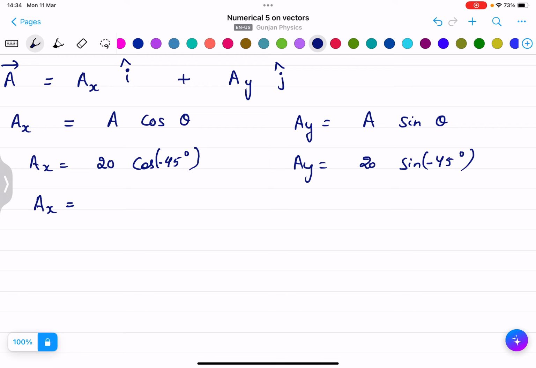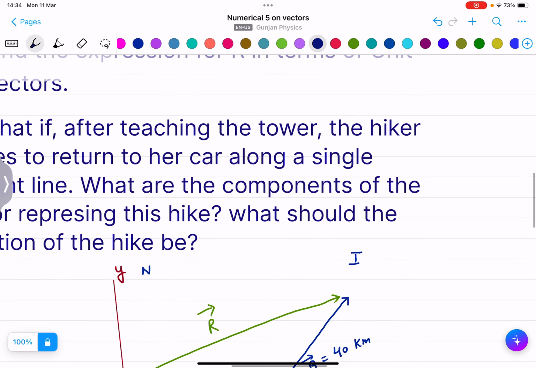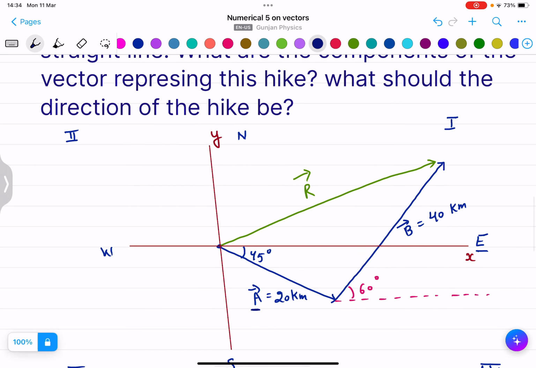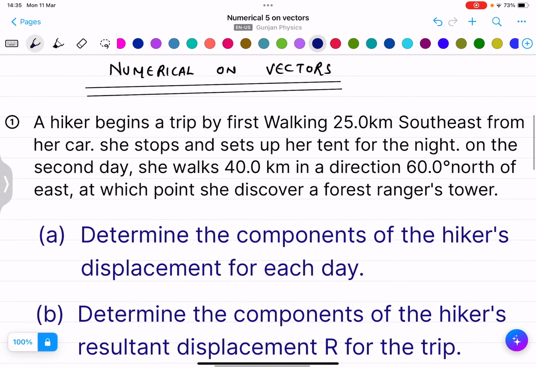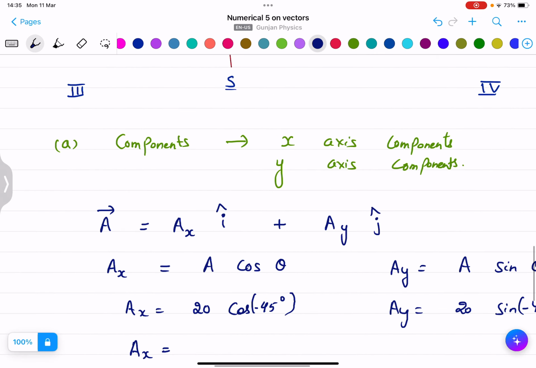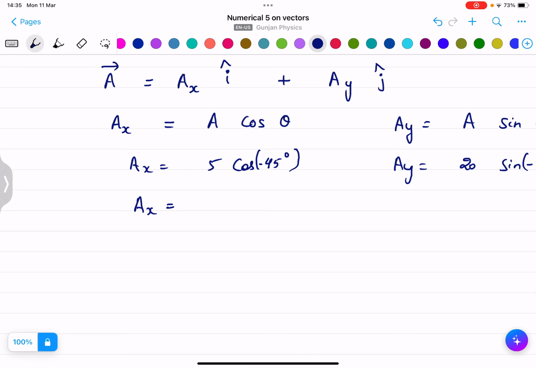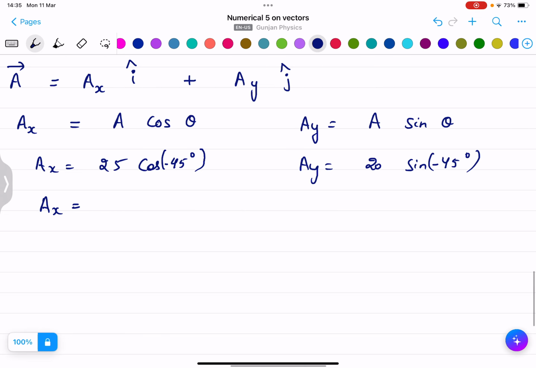So when I will solve Ax, I will get, what is it? It is 20 or 25? It is 25 kilometers southeast. Sorry, it is 25 kilometers. I have written it here as 20 kilometers. Sorry, it is 25. I'm just a bit wrong. So it is 25 kilometers, and next is 40 kilometers. So here it will be 25, and here also it will be 25, right?